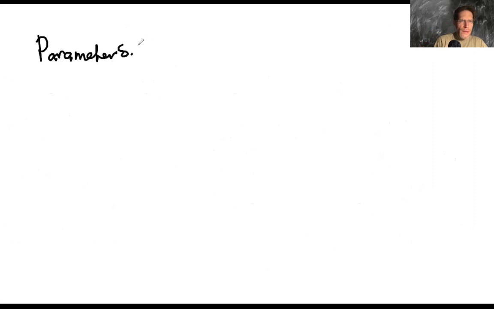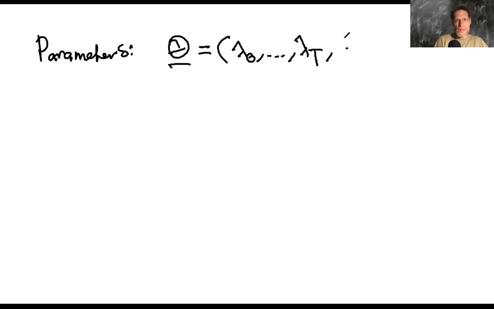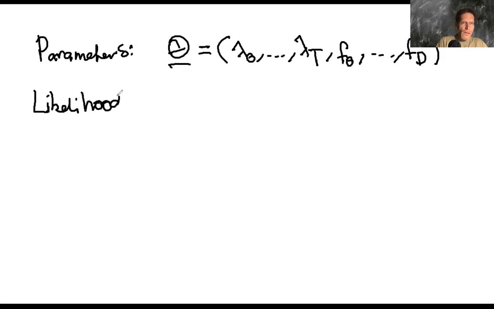Let's call that theta, and that's equal to lambda naught through lambda capital T, and then f naught through f capital D. That's what is in our vector, right? So that's our vector of capital T plus capital D plus 2 parameters. And then we set up a so-called likelihood function. That's one way to say how we will estimate this model.